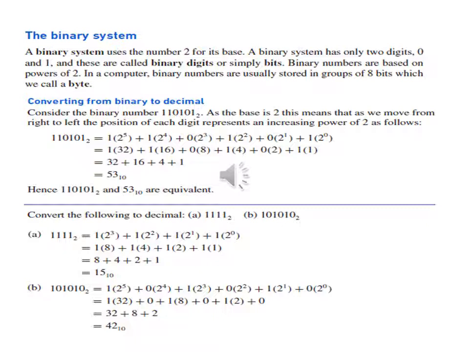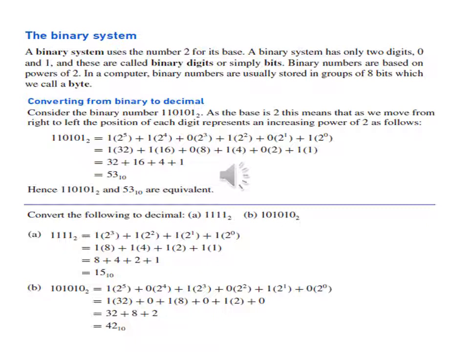As the base is 2, this means that as we move from right to left, the position of each digit represents an increasing power of 2 as follows. Hence 110101 base 2 and 53 base 10 are equivalent.